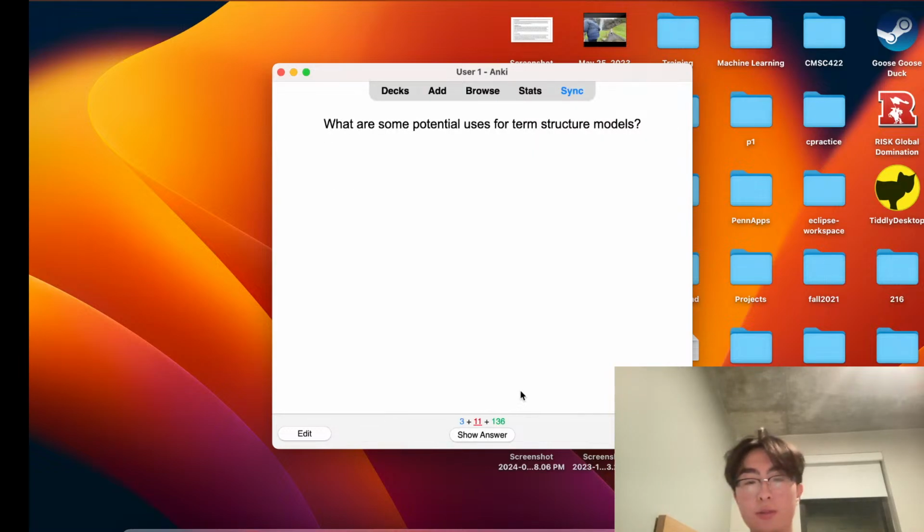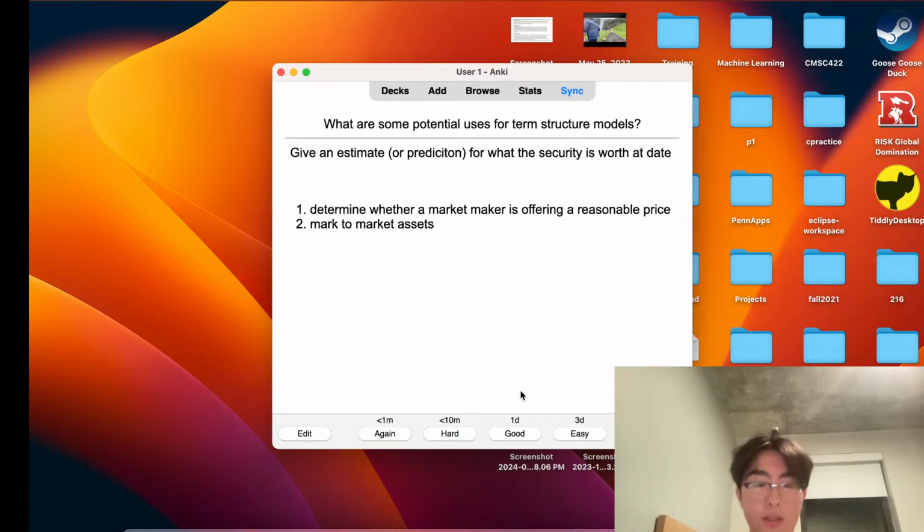What are some potential uses for term structure models? Some potential uses are being able to model or calculate what interest rates are going to be, and you can use that to determine yields, so yields to maturity, and then also maybe figure out prices. An estimate or prediction for what the security is worth at date T0.